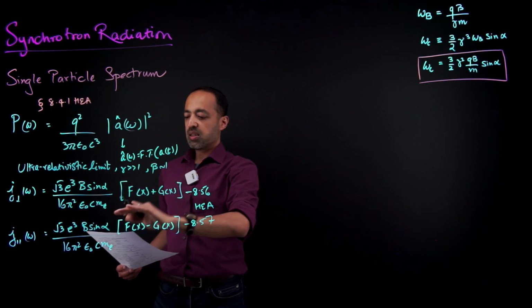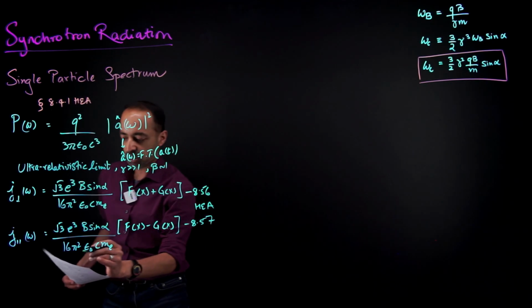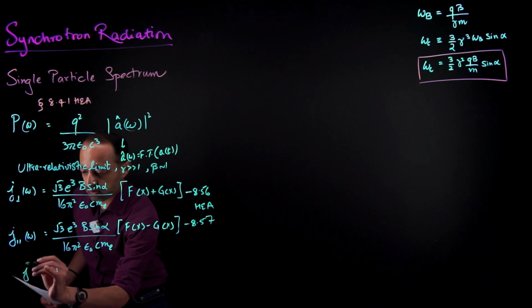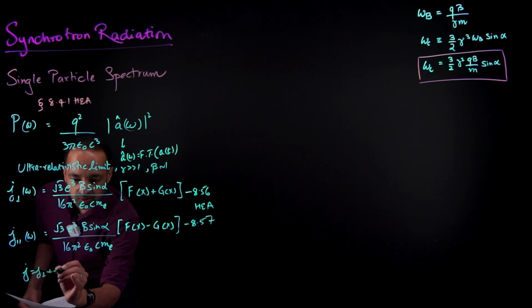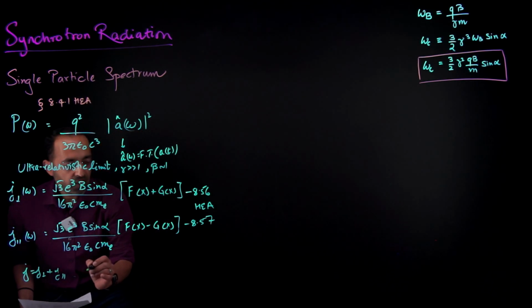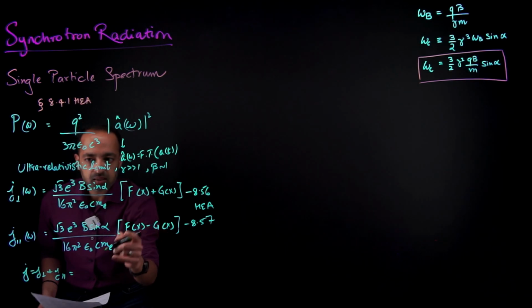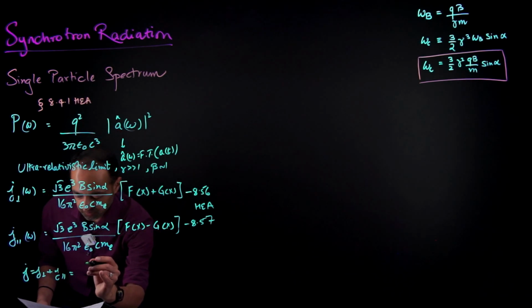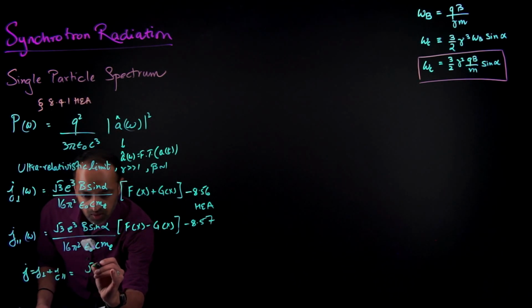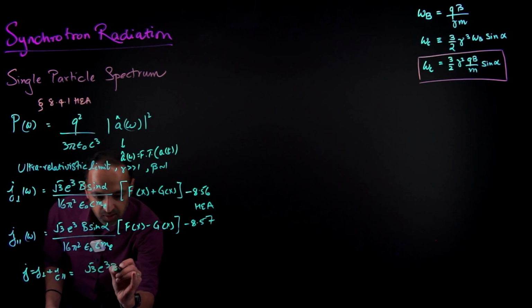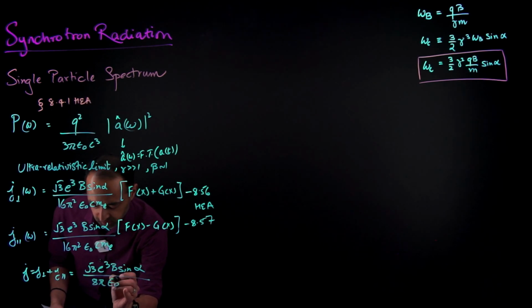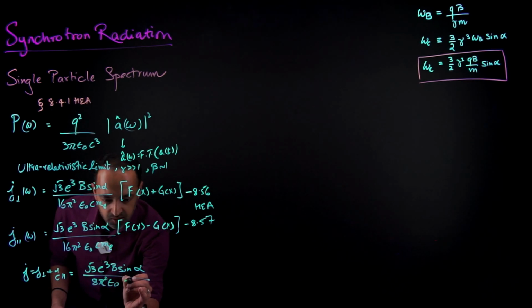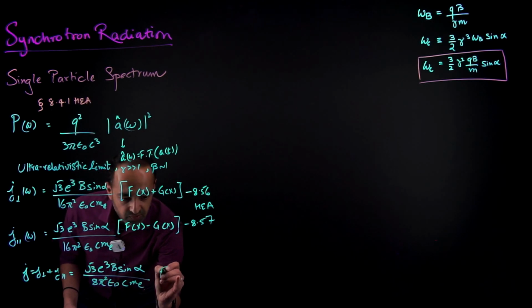Let me just add up these J's to complete the discussion. So this J is J perpendicular plus J parallel of omega, and when you add these up, the G's cancel, giving root 3 e cubed B sine alpha over 8 pi epsilon naught c m e times F of x.